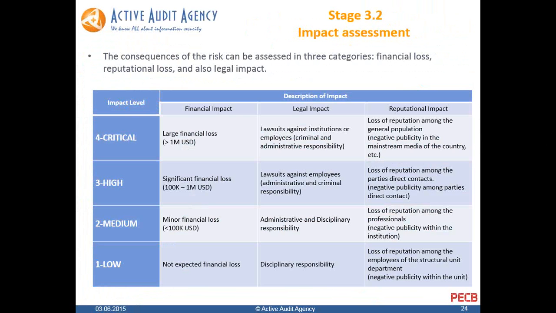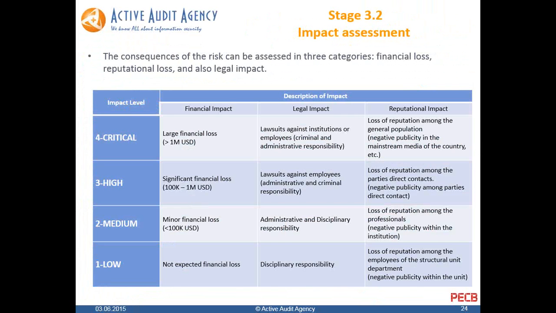High, loss of reputation among the parties' direct contacts. Medium, loss of reputation among the professionals, maybe inside the organization. And low, loss of reputation among the employees of the structural unit or department.